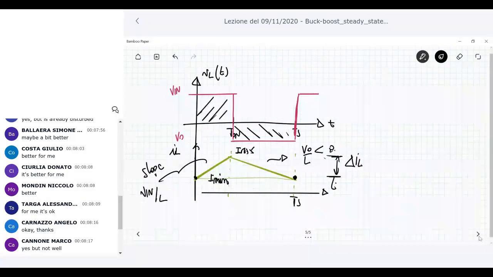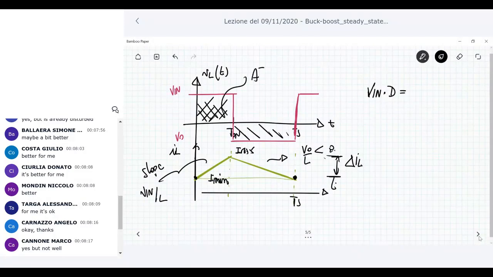So we can apply this balance expression for steady state voltage across the inductor, saying that during the duty cycle D, the voltage V in multiplied by D, which is the area A plus, is the same as the area A minus, which is V naught, which is negative, so minus V naught, multiplied by 1 minus D, because 1 minus D is the remaining period in a cycle.